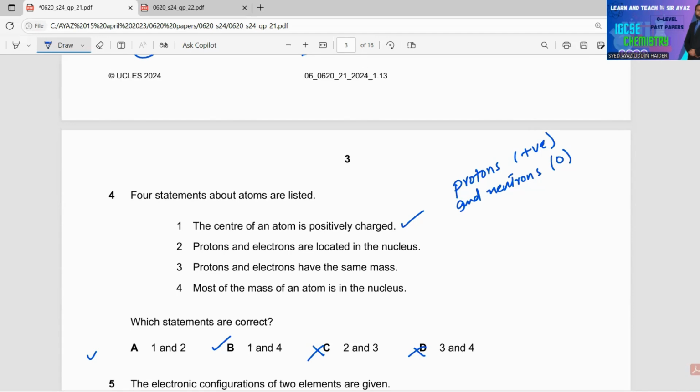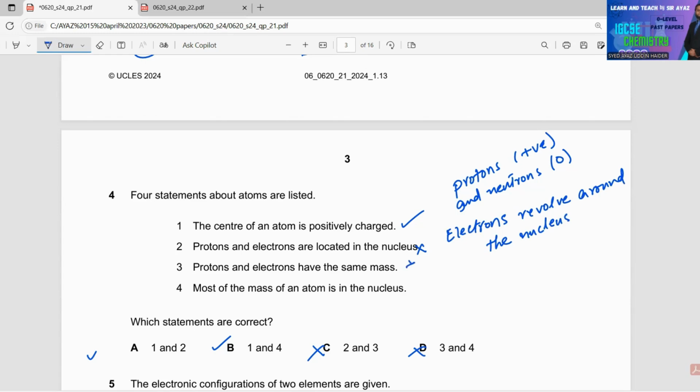Number two, protons and electrons are located in the nucleus. This is incorrect. Electrons are not in the nucleus. They revolve around the nucleus. Number three, protons and electrons have the same mass.